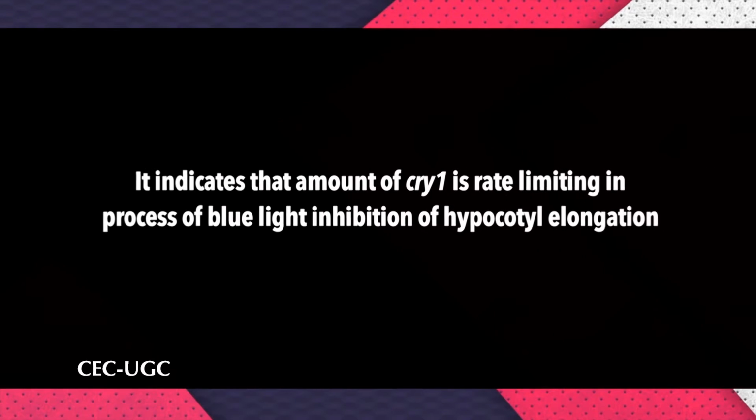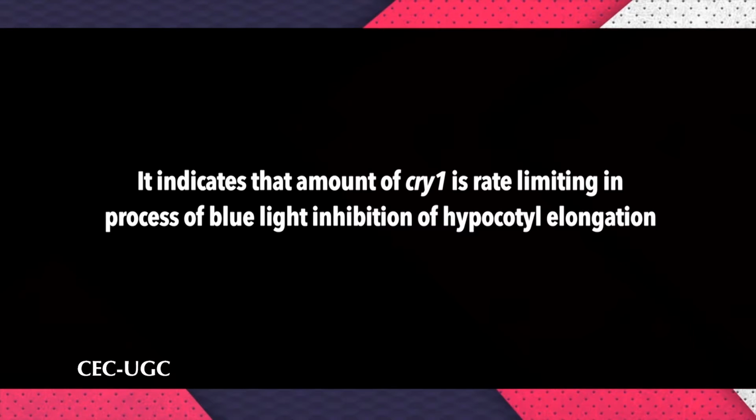It indicates that the amount of CRY1 is rate limiting in the process of blue light inhibition of hypocotyl elongation. Transgenic Arabidopsis plants overexpressing CRY2 also showed a short hypocotyl phenotype in blue light, which led to the hypothesis that CRY2 is also involved in hypocotyl inhibition.